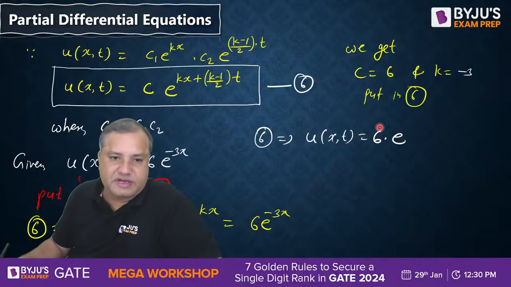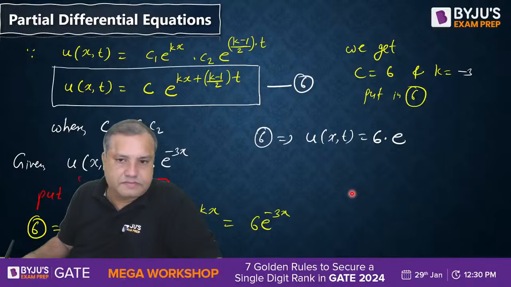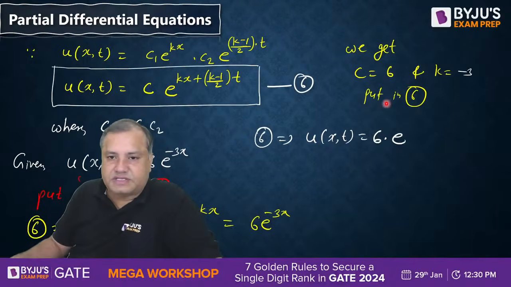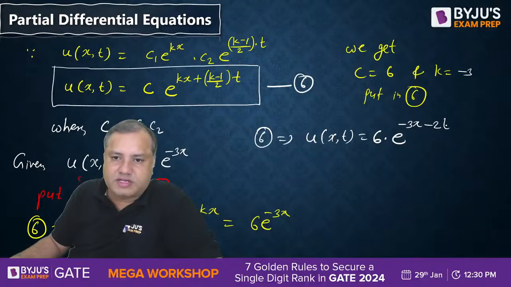That was my mistake, k is minus 3. So 6 e raised to minus 3x, then minus 3 minus 1, that is minus 4, minus 4 by 2, minus 2t. So this is the required solution.